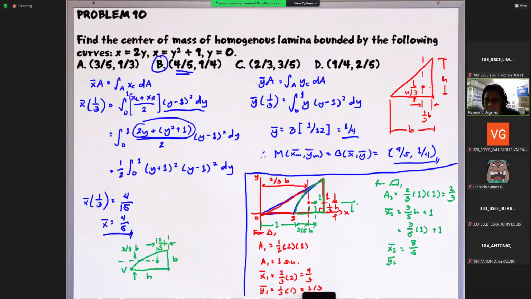This is equivalent to 3/8 of the base. The base is also 1 unit, so this is 3/8 times 1 unit, which is 3/8 unit. Got it? Then remember that our whole figure is just the triangle minus the parabola. So therefore, solve it from here.